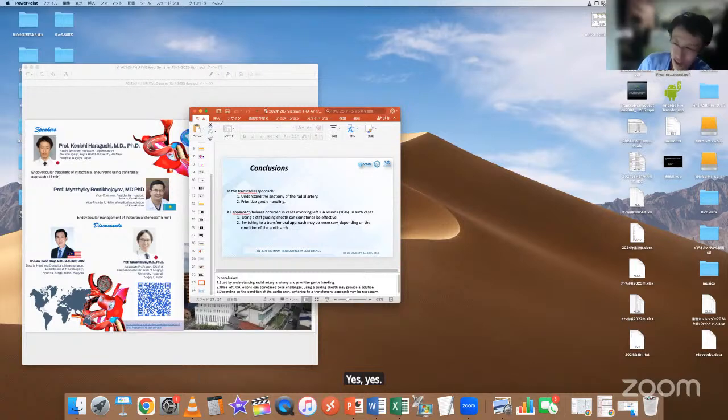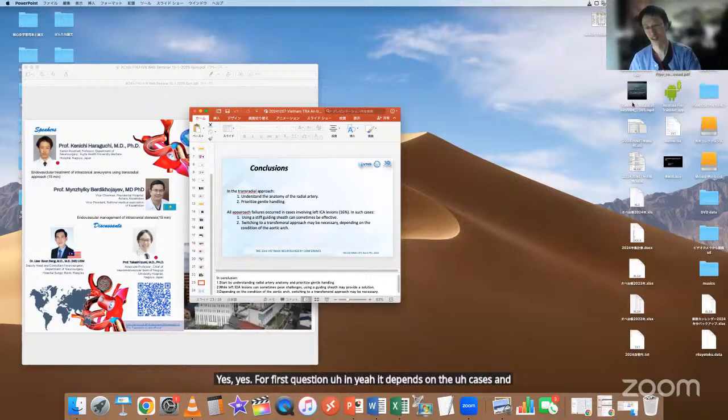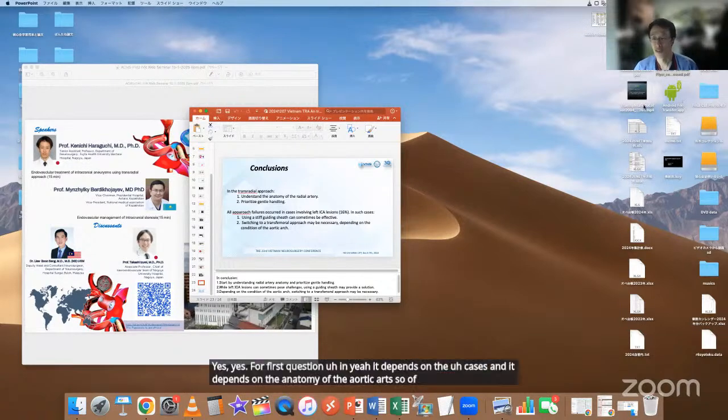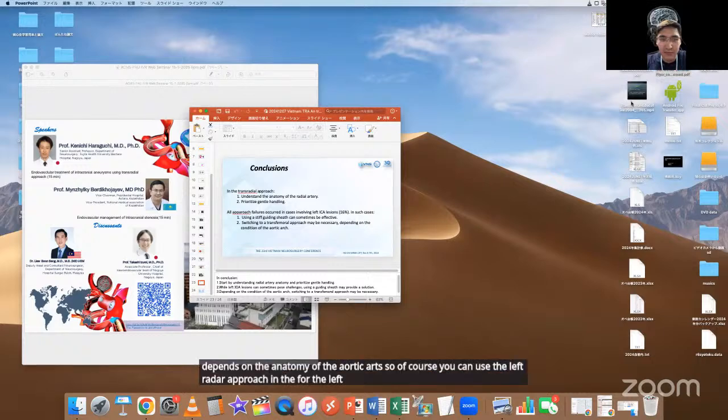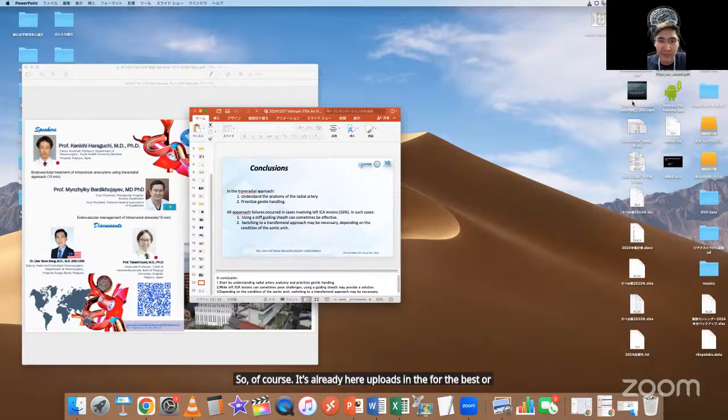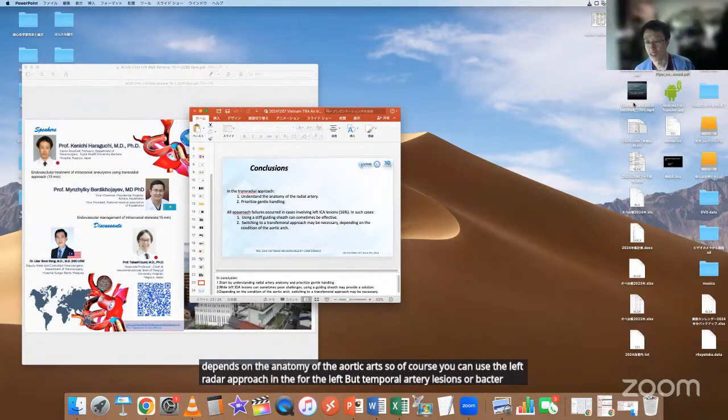Yes, yes. For the first question, it depends on the case, and it depends on the anatomy of the aortic arch. Of course you can use the left radial approach for left vertebral artery lesions or basilar artery lesions.